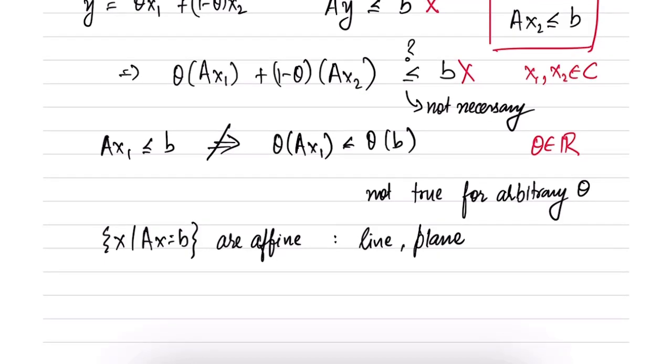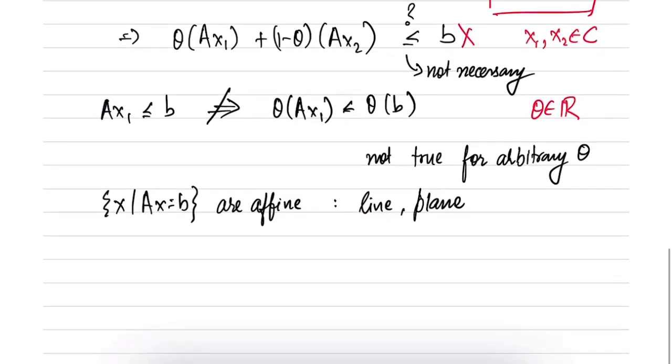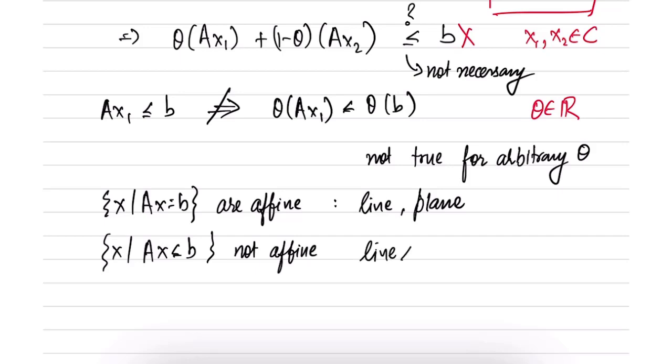Any line through any 2 points in the plane also lies in that plane, and therefore it is an affine set. But any sets of the form ax less than equal to b are not affine. So for instance, a line segment is not affine. A line segment is half a line, so that is not affine. Likewise, half spaces are not affine.